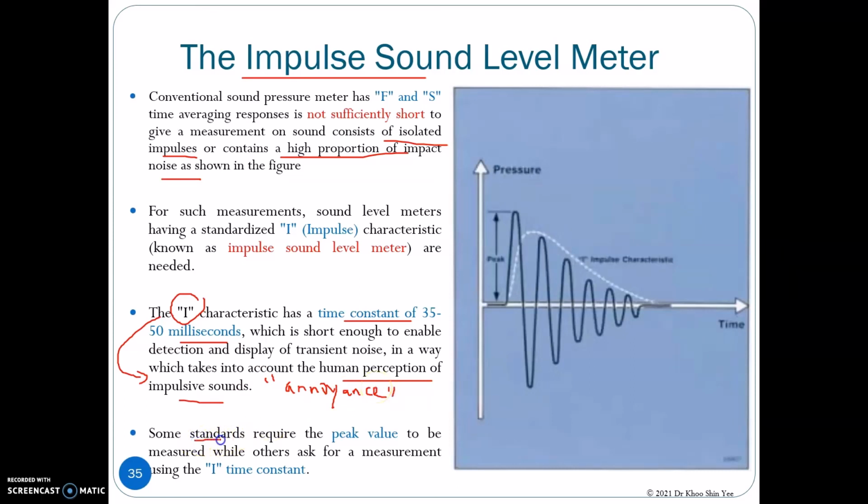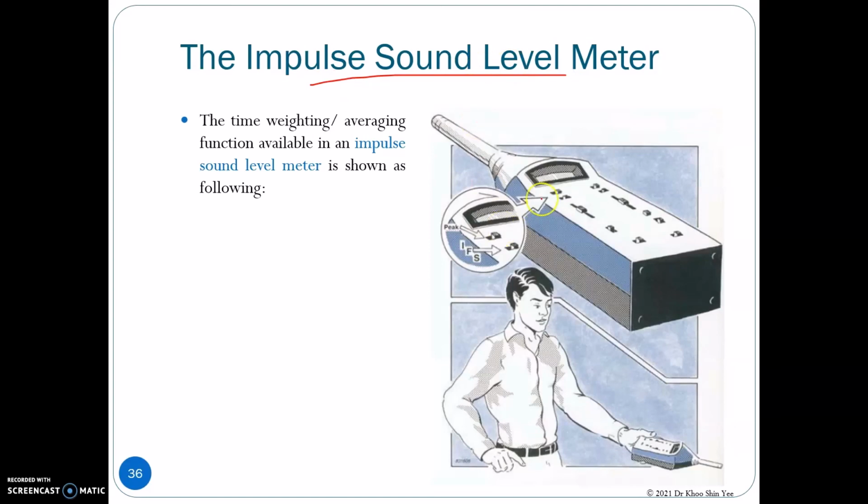Some standards require the I time constant and some use the peak. For the impulse sound level meter, you have the button here which shows the I indicating the impulse. F is the fast button and S is the slow button.